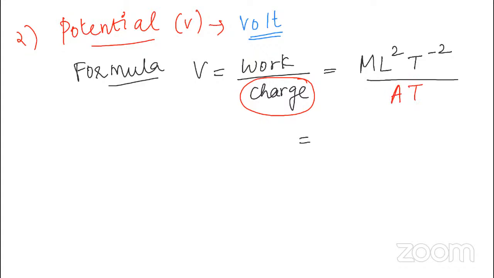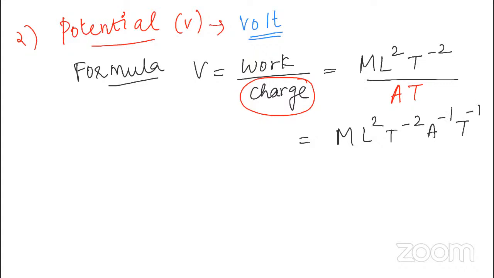Now, M L square T power minus 2 A power minus 1 into T power minus 1.